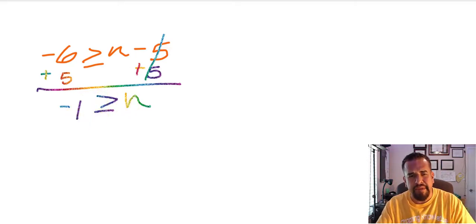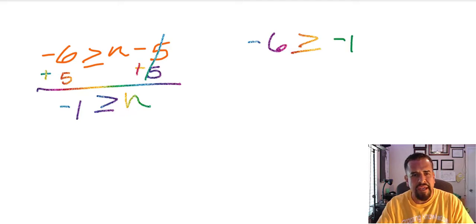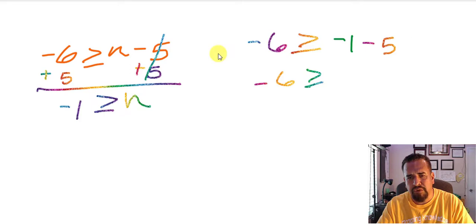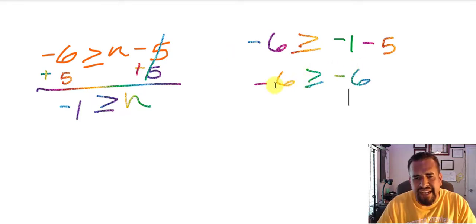So let's plug it in. We have negative 6 greater than or equal to, and instead of an n, let's plug in the negative 1 right there. And then we're going to put that minus 5 here. Let's look at it. So now we have negative 6 greater than or equal to negative 6.